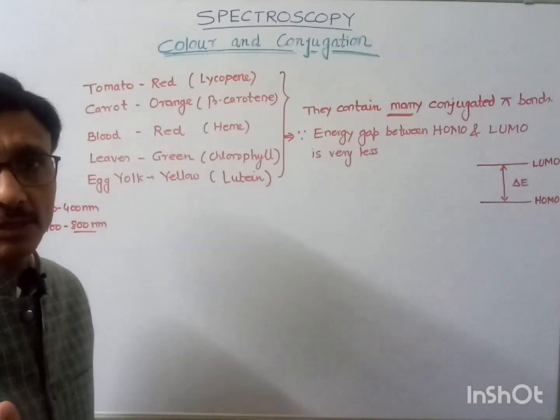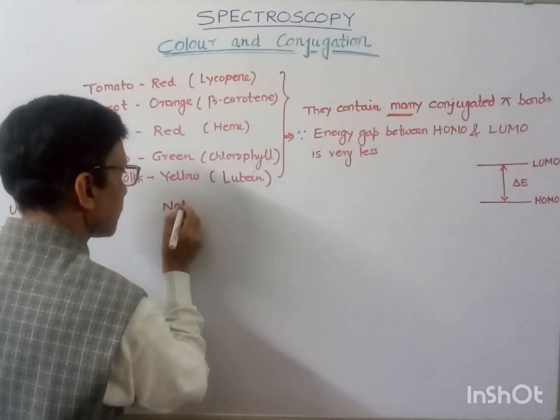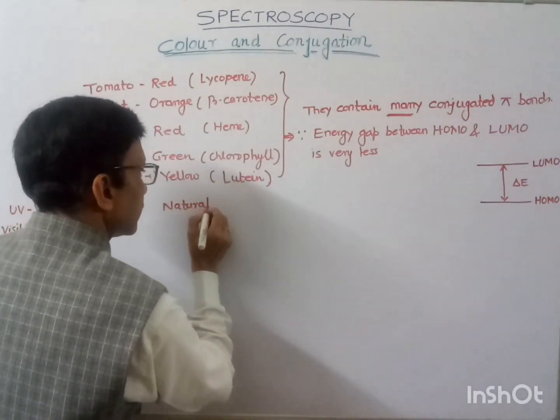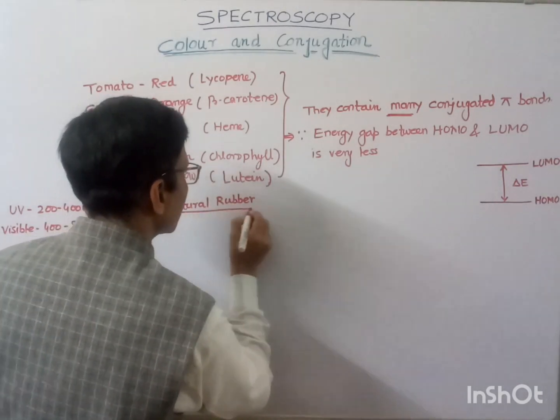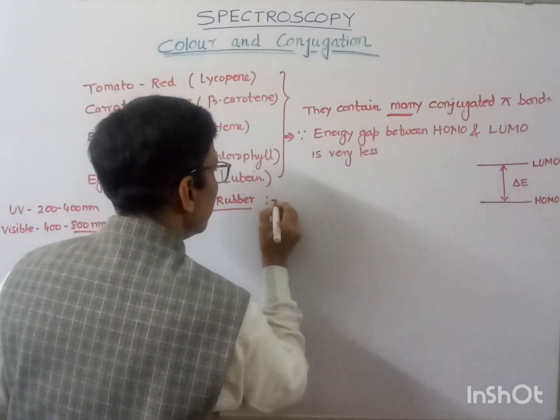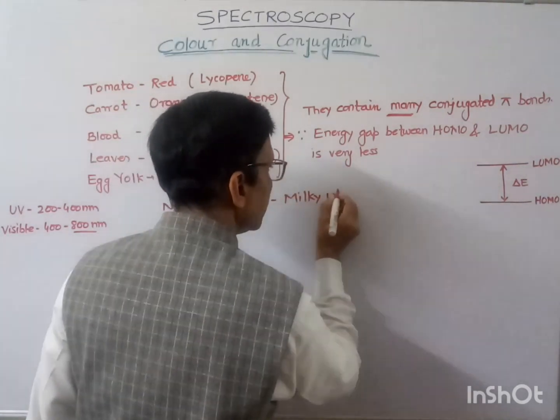On the other side, if we see the natural rubber, this natural rubber is milky white in color. So why is it milky white?